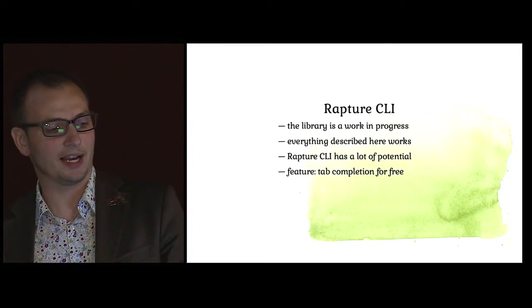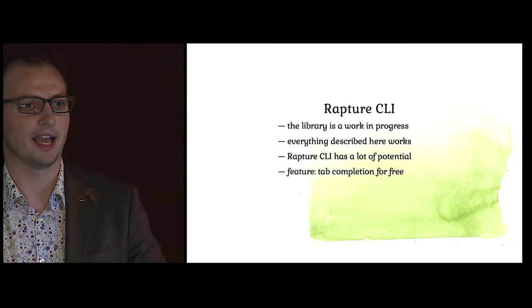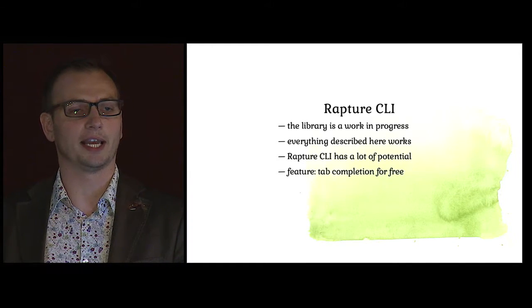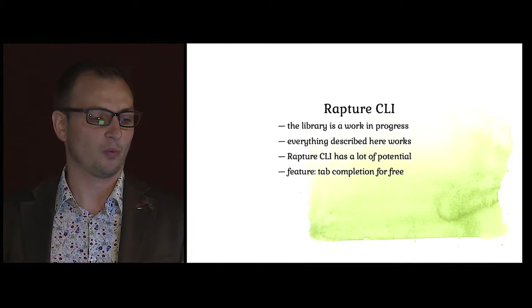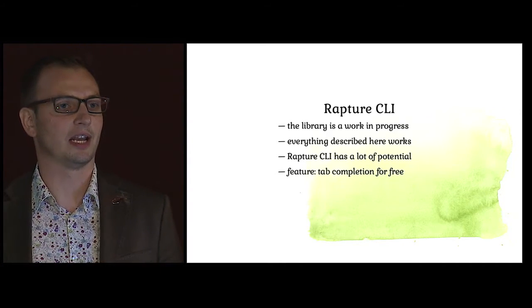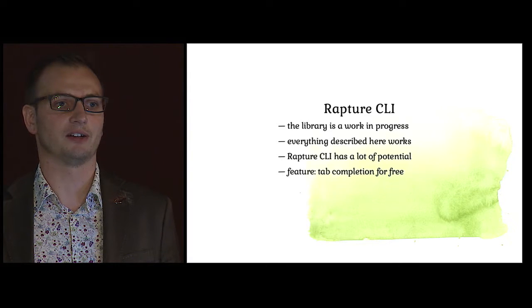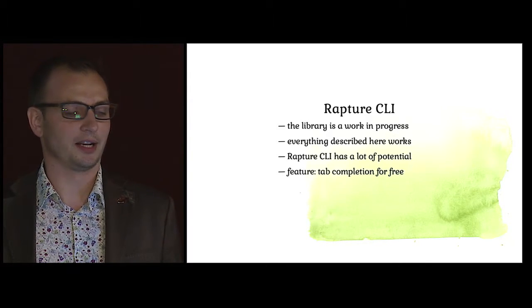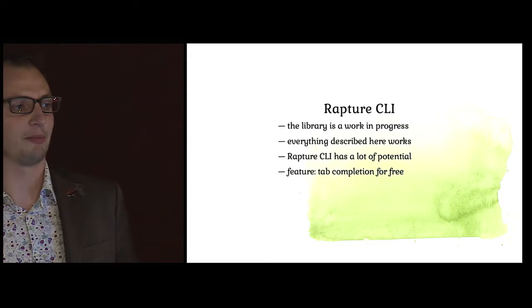One nice thing we can get from this is that by defining an expression for a complete command line, we can kind of reverse engineer a tab completion for that. Now, I've done this with an earlier version of Rapture CLI. I need to port that over to the new dependently typed Rapture CLI.